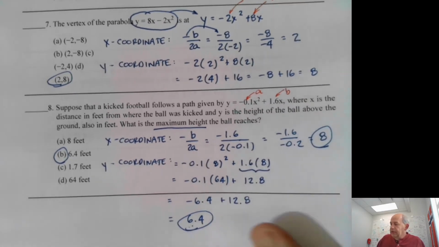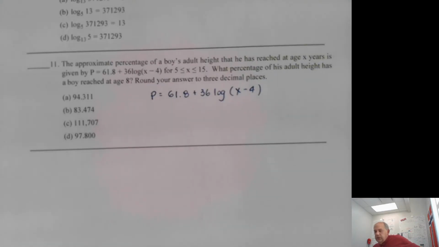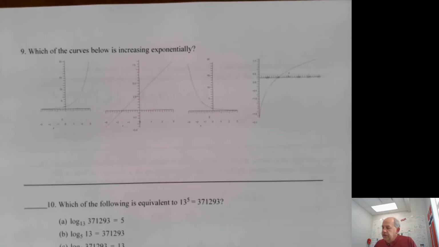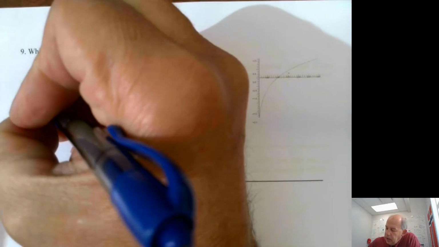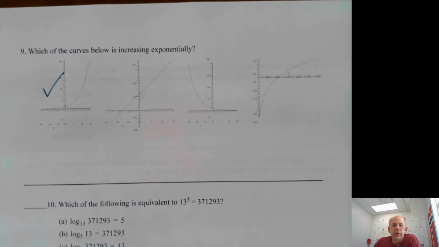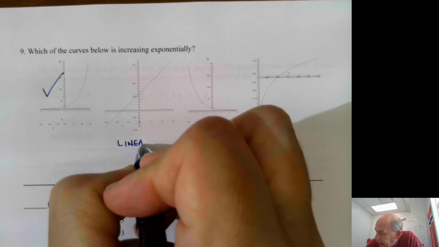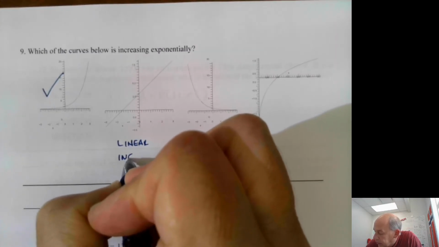Let's take a look at these last few and we'll be done with the review for chapter 1. For number 9, which one of these graphs increases exponentially? My answer would be that one, the first choice right there. The second choice would be a line, or a linear increase.